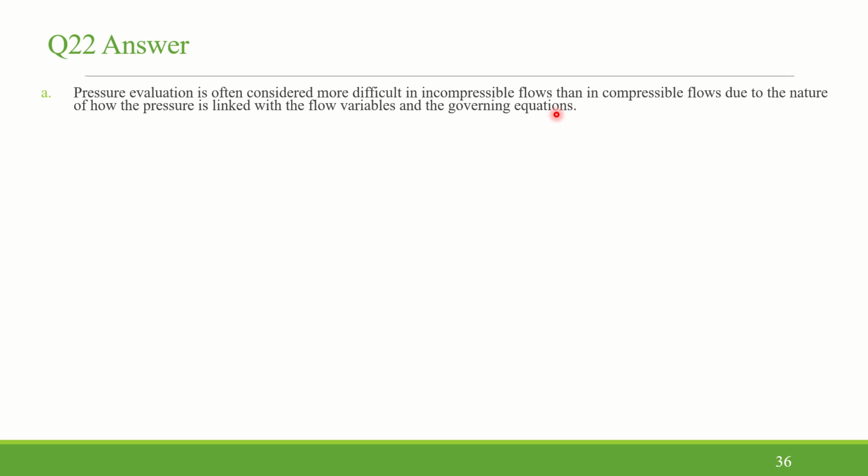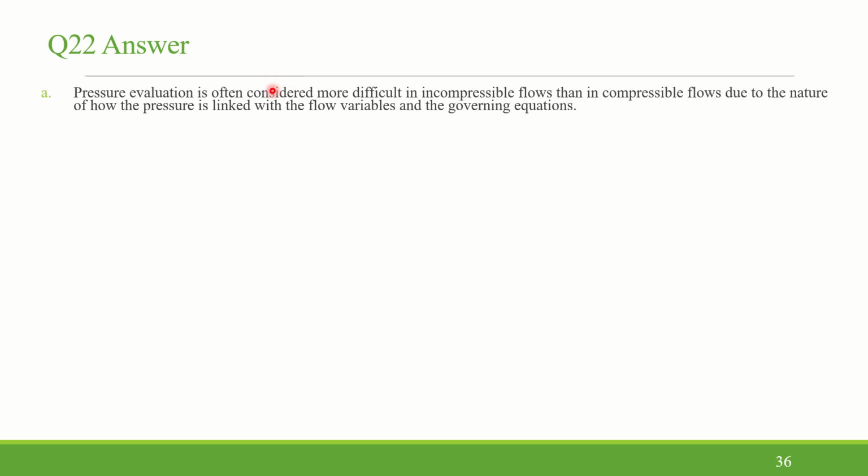In compressible flows, we got pressure very easily in the solutions because we got it from the equation of state. We did not solve it through the equations. However, it cannot be done in the same way in incompressible flows because in the continuity equation, there is no presence of other terms except velocity. It is del dot u equal to 0.